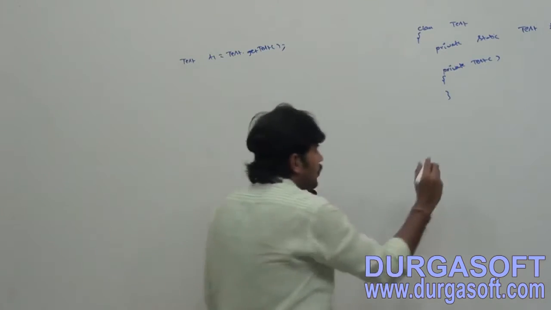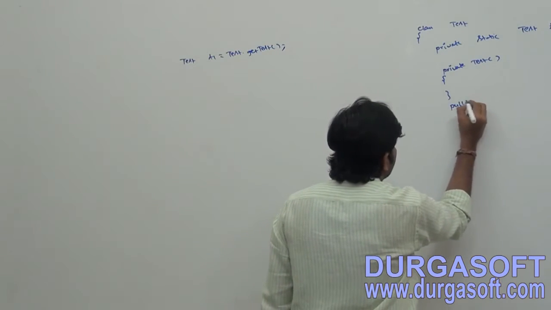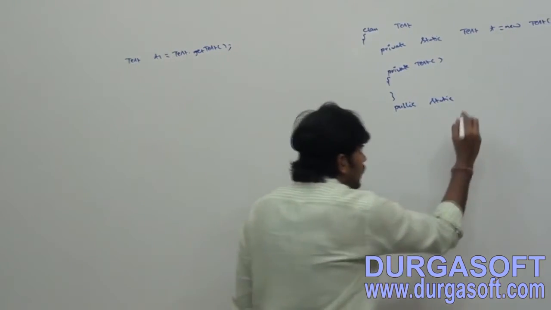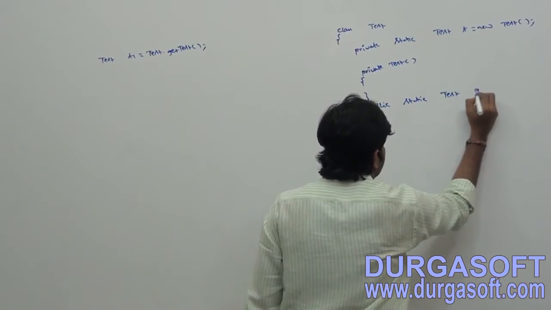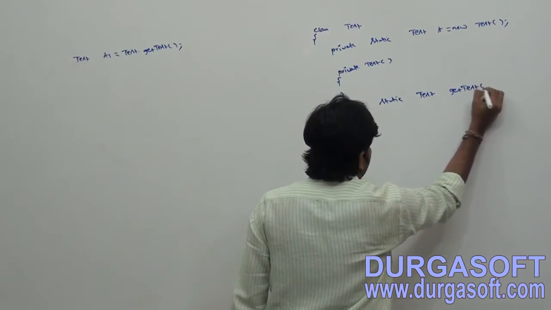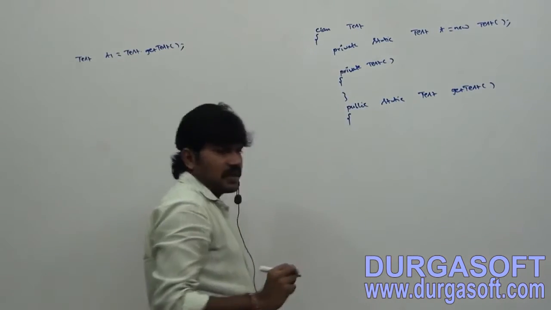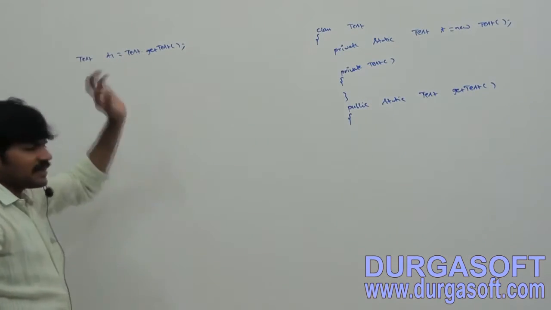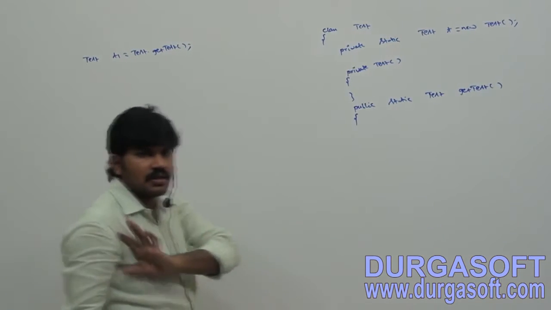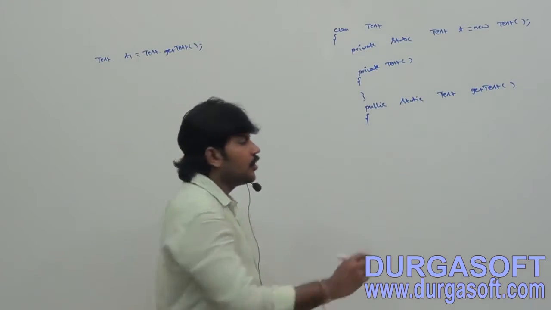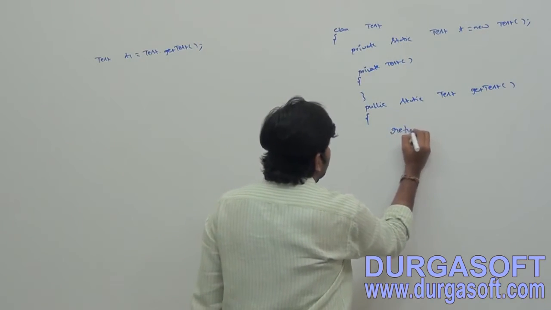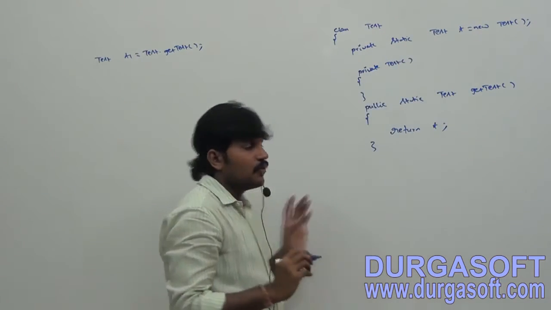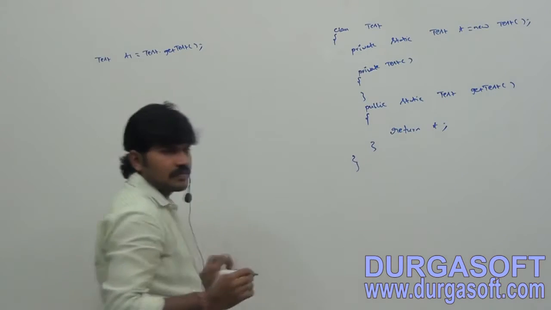Now let me write public static Test getTest. Sir, if any person asks for the getTest method, don't create any object. Can you please return t always? That's all. Return t always. Okay, this is the end of this one.